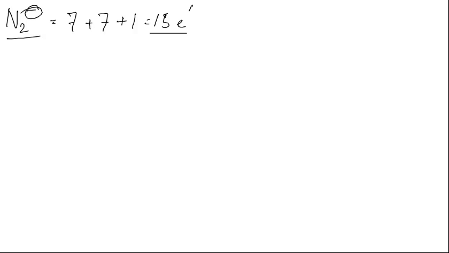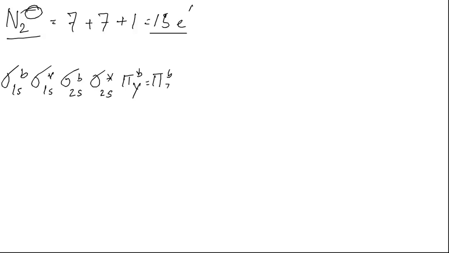Therefore we can say that the filling will start as follows. There is sigma 1s bonding, then sigma 1s antibonding, then sigma 2s bonding, then sigma 2s antibonding, then pi bonding y equal to pi bonding z, then sigma x bonding, then pi antibonding y equal to pi antibonding z, and lastly the sigma x antibonding.